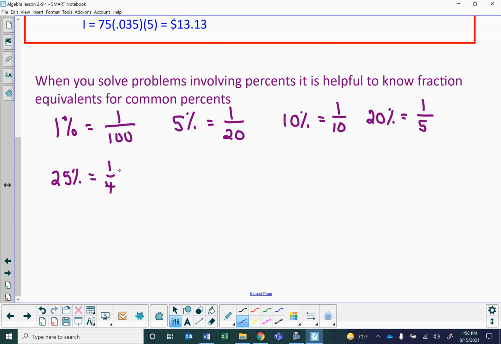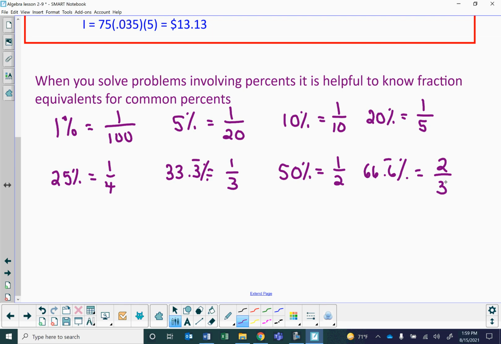Another one that's really hard to know is the ones that people tend to forget. 33.3 repeating percent, that's 1/3. And the actual accurate answer is 1/3, not 33.3 with a bar over the 3. 50% is 1/2. 66.6 repeating percent, oops, I forgot the percent sign here, is going to equal 2/3.